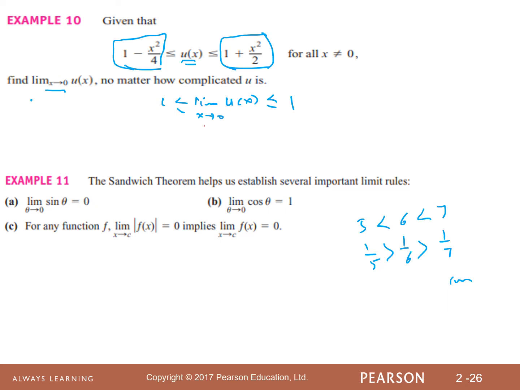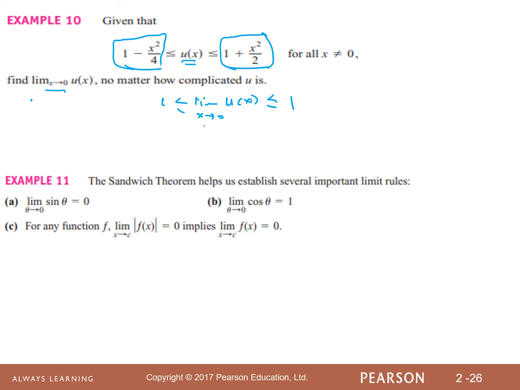Okay, we want the limit of sine theta as theta goes to 0. Remember the one I showed you? Sine theta, it starts and then, okay? So, we're going to leave this one for now.